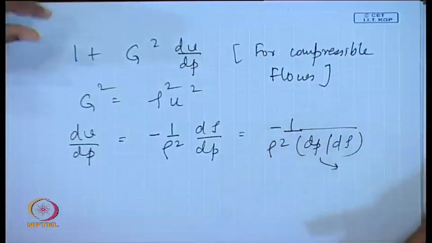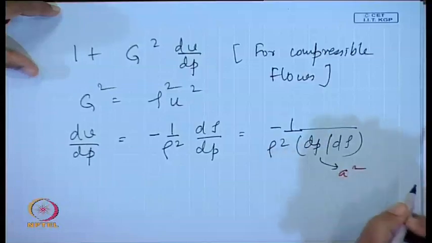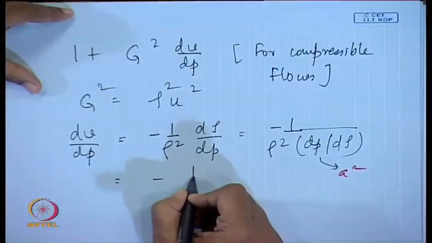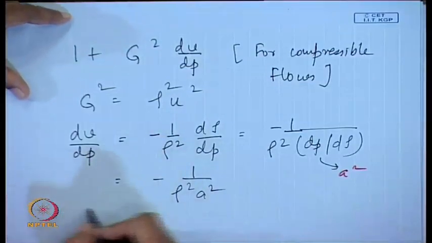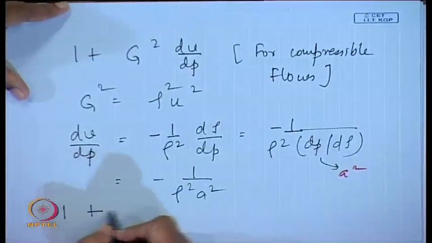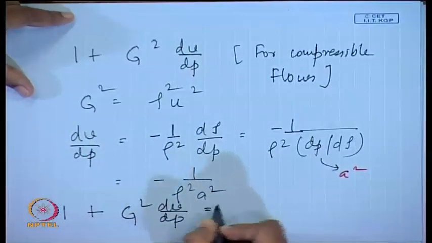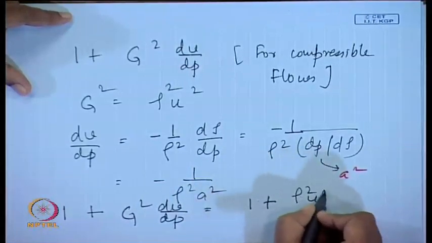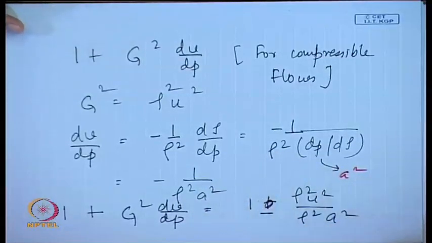And what is this equal to? dP d rho is a square, right. So, this is nothing but minus 1 by rho square a square. You agree with me? So, your 1 plus G square dV dP is nothing but equal to 1 plus rho square u square by minus rho square a square, right.